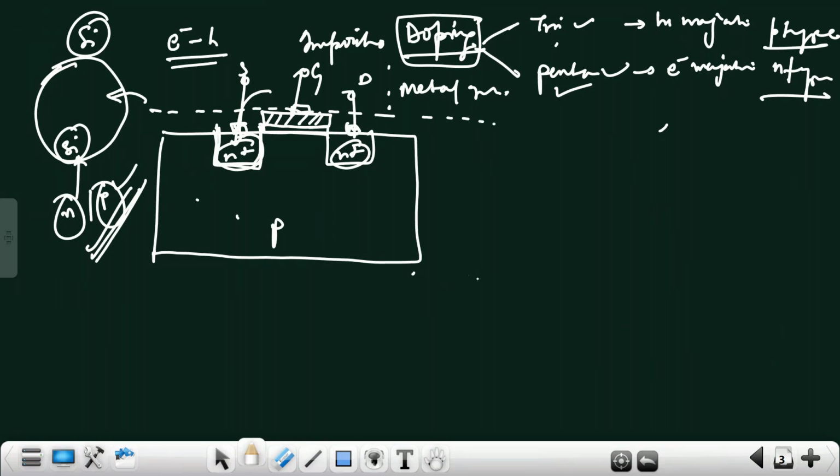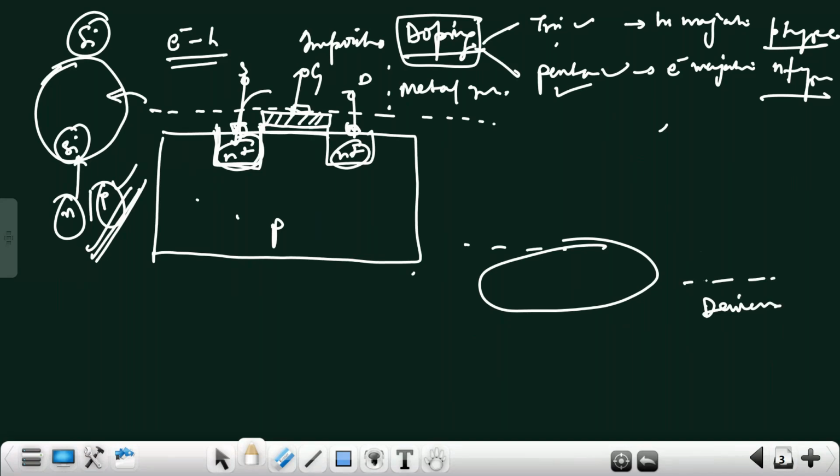So if you say this is a silicon wafer, from the bottom onwards, you will have device level. So all devices will be there. On top of devices, you will have interconnects, right? Now, how many devices? There can be billions of devices, right? Billions of transistors means billions of MOSFETs.